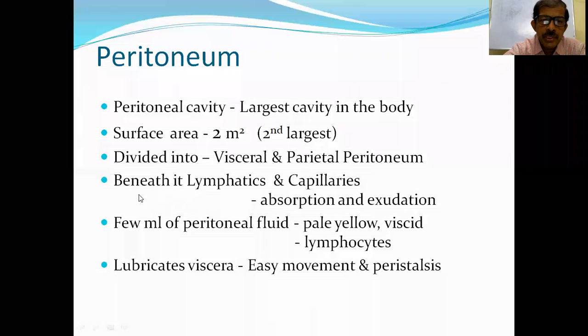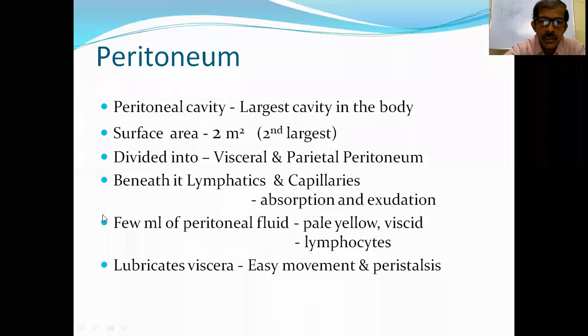Of course, beneath the peritoneum, there are lymphatics and capillaries which aid in absorption, and also they produce exudation. In a normal individual, hardly 10 to 20 ml of peritoneal fluid will be there, which is pale yellow, viscid, and containing lymphocytes.